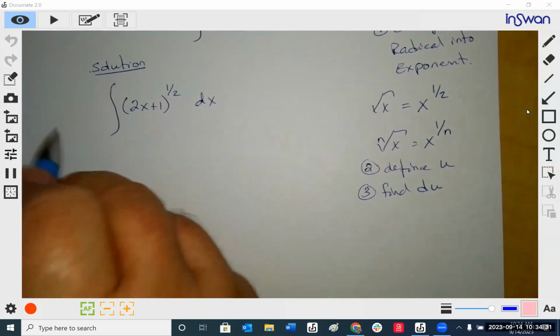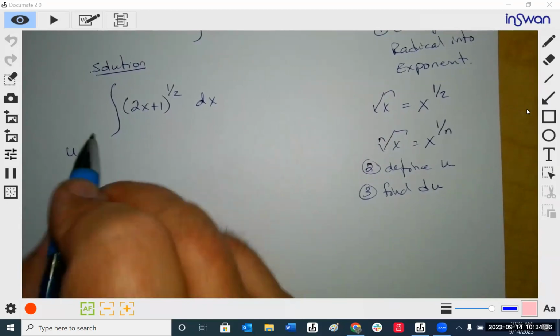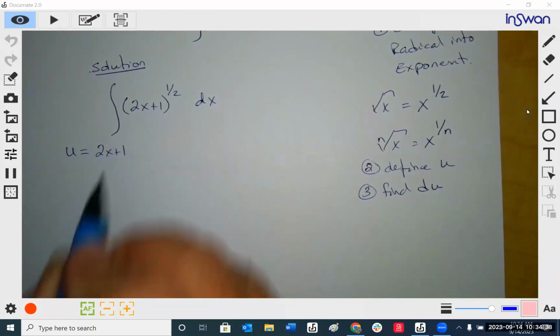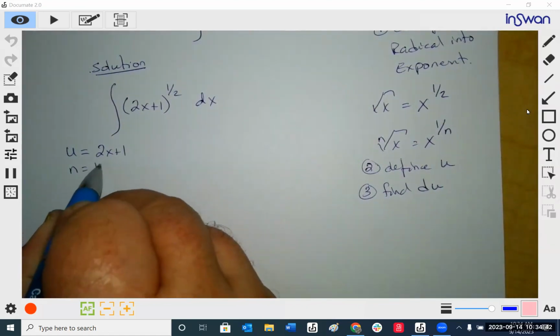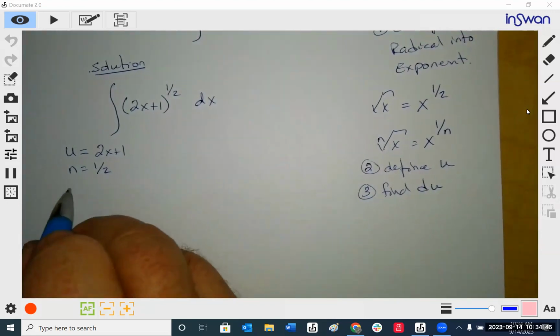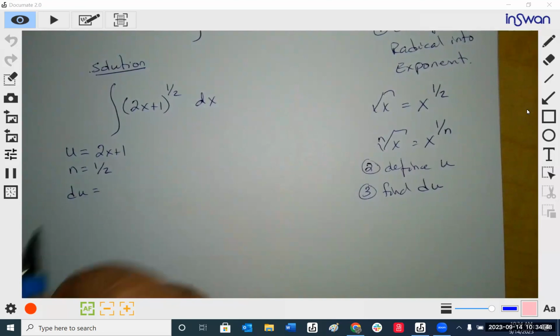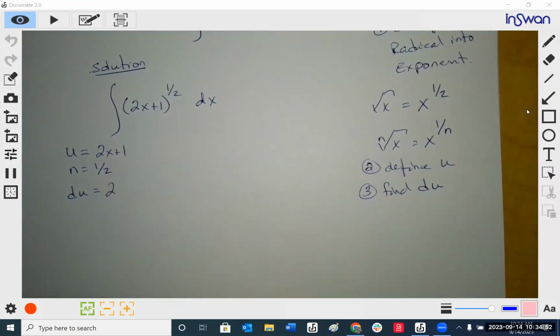So what is our u? 2x plus 1. Our n is 1/2. What is our du? Do we have a 2 coefficient?